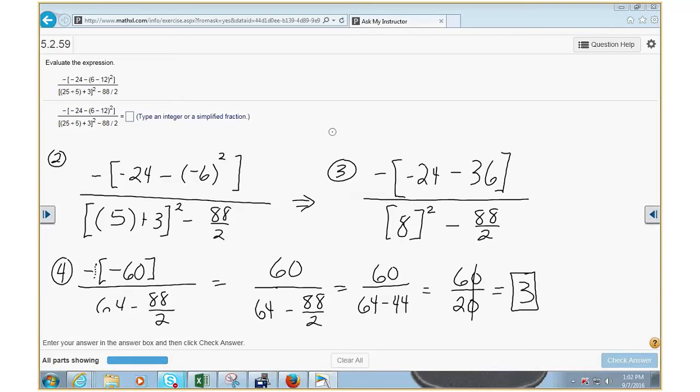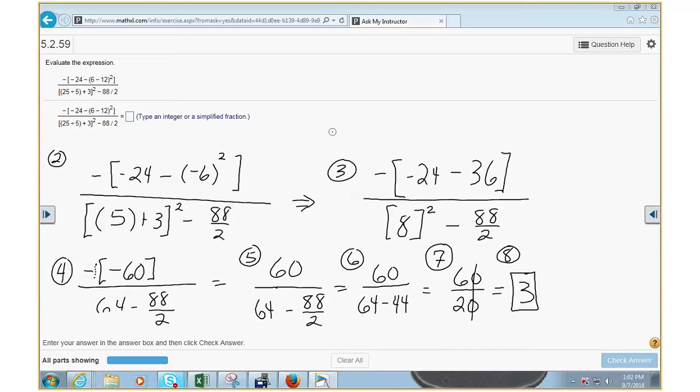Now, what do you notice about this problem? 2, 3, 4, 5, 6, 7, and we want to include the last step. How many steps? Hey, you may have more, you may have less. Who misses these problems? The people that miss these problems are the people that are trying to do it in how many steps?